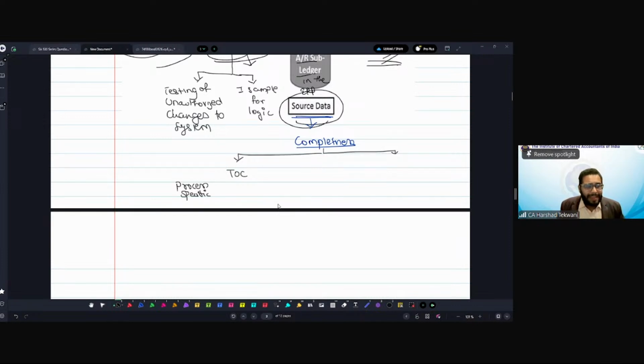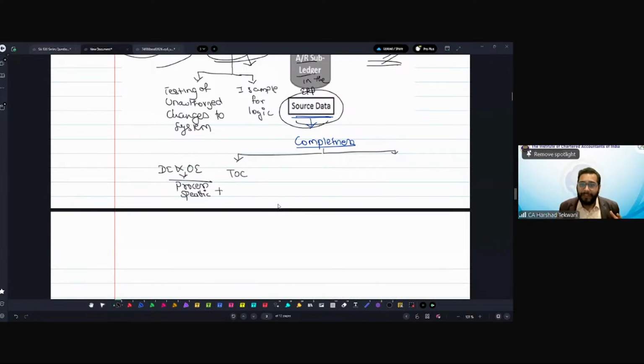Apart from that, is there any other control that you may test? Operating effectiveness. That is operating effectiveness of the process specific control. So the controls which are there on the process, I will check the design and operating effectiveness, DE and OE, of this particular process specific control.